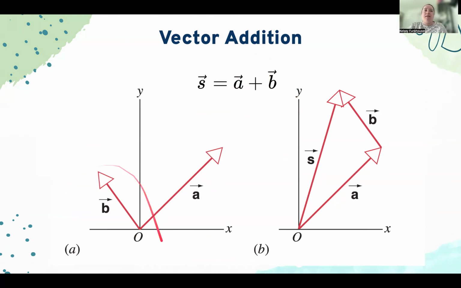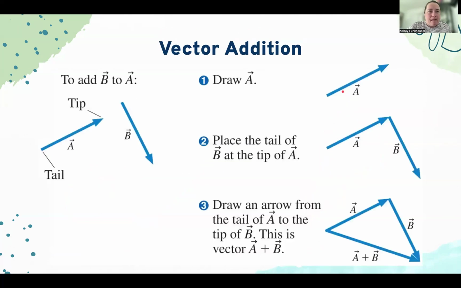We'll move B from here to instead the tip of vector A. And then it goes tail to tip of A, tail to tip of B, and then vector S goes from the tail of A to the tip of B. There's also an example of steps here that can be useful. Again, tail is the end, tip is the pointy end.